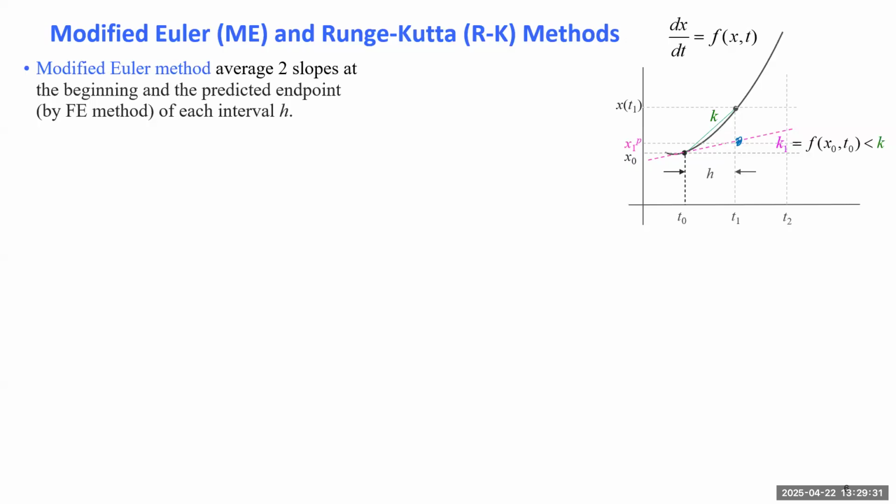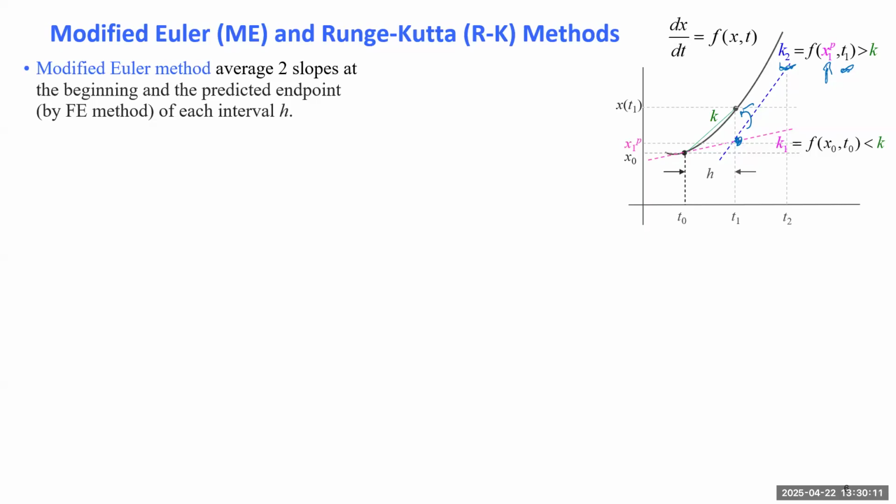But for modified Euler method, it asks you to do a further step. Once you know this point, you plug the value of this point into this nonlinear function and get the second slope. You plug in the calculation from the first step, and also use the time at the second step to give you a new tangent. This new tangent is an approximation of the tangent line at the ending point. It may not be exactly the same.